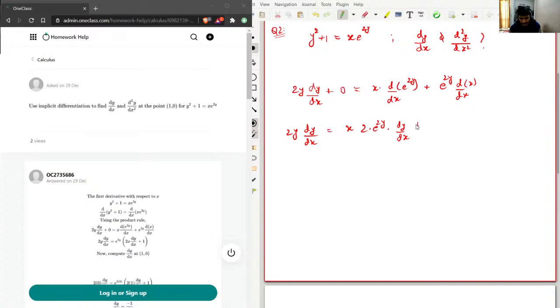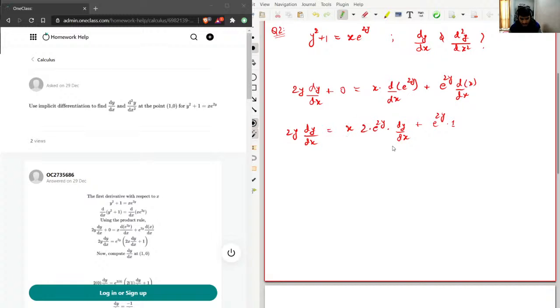Then plus e power 2y, and then differentiation of x with respect to x will be 1 only. So we'll have 1.